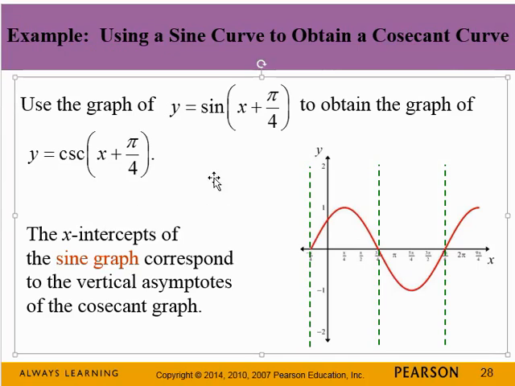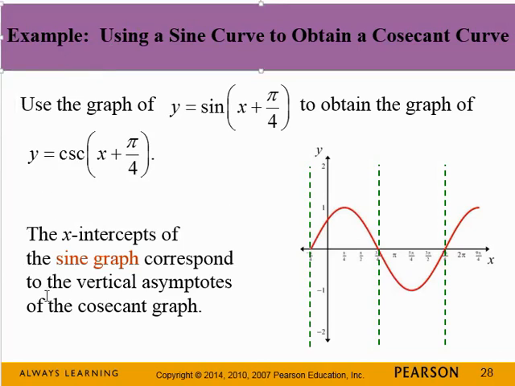Now, using the sine curve to obtain your cosecant curve. Use the graph of sine of x plus pi over 4. So this is your graph of sine of x plus pi over 4. We have dotted lines at our vertical asymptotes because that's where your x-intercepts are. If you think back to what we had, every time that you had a maximum, that was the minimum of your cosecant.